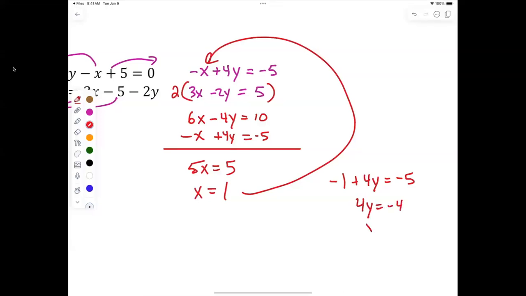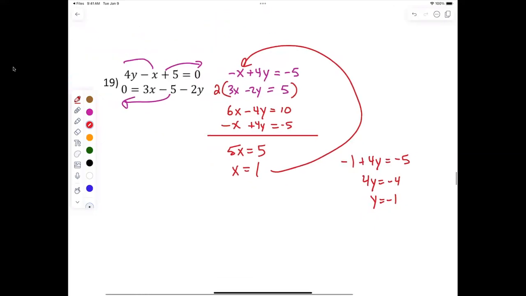And then divide. So my answer for this one was 1, -1. And then I go into my apps again real quick and double check my work. And someone tell me it's correct.